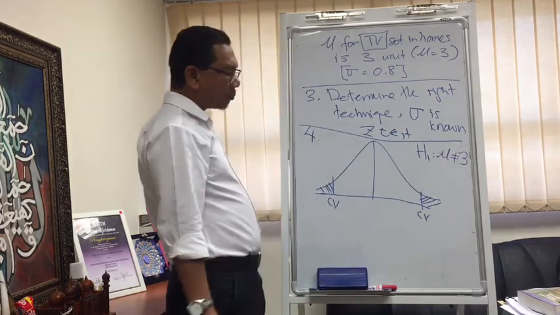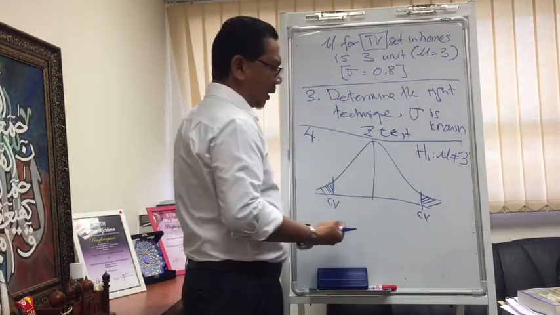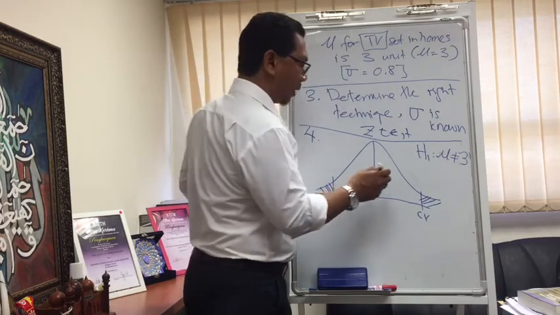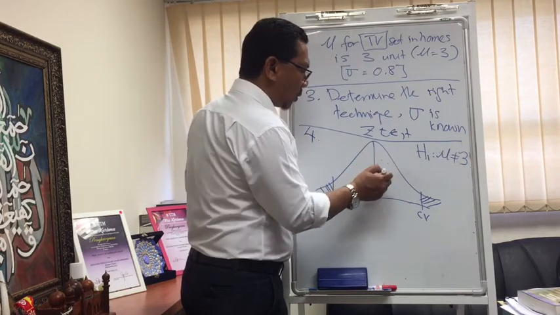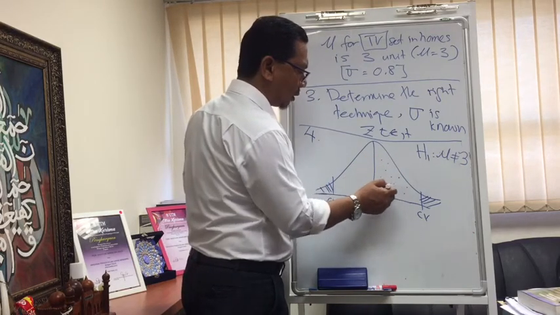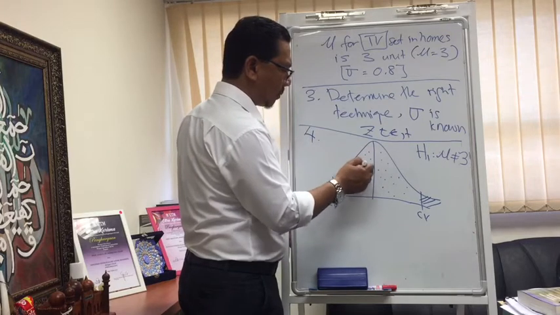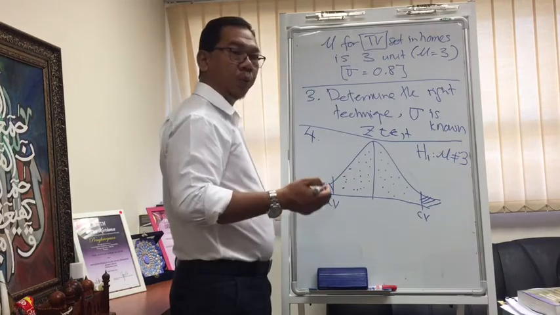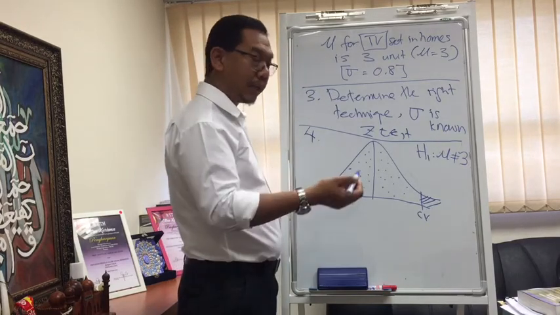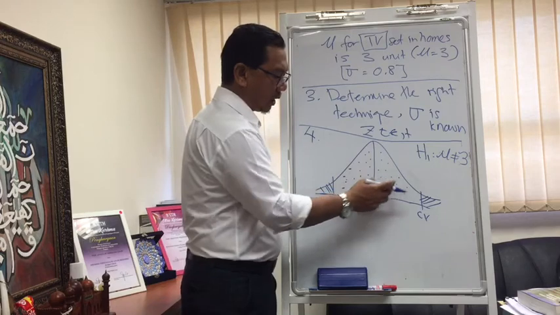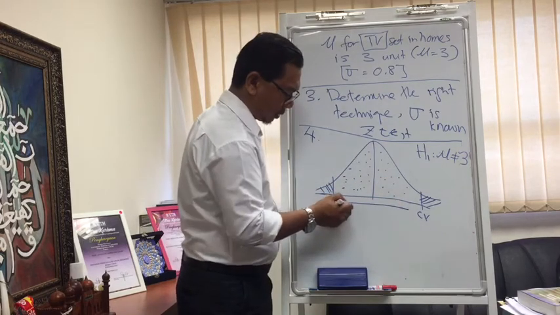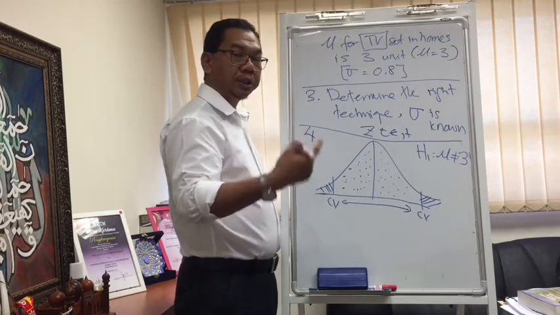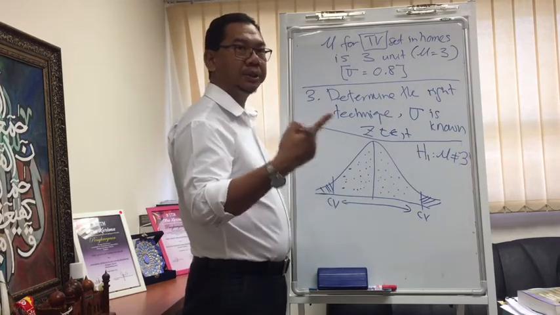So why do we need to identify the critical value? The reason is simple. Any test statistic value that we calculate later that falls in the dotted area, the decision is that we will accept the hypothesis.